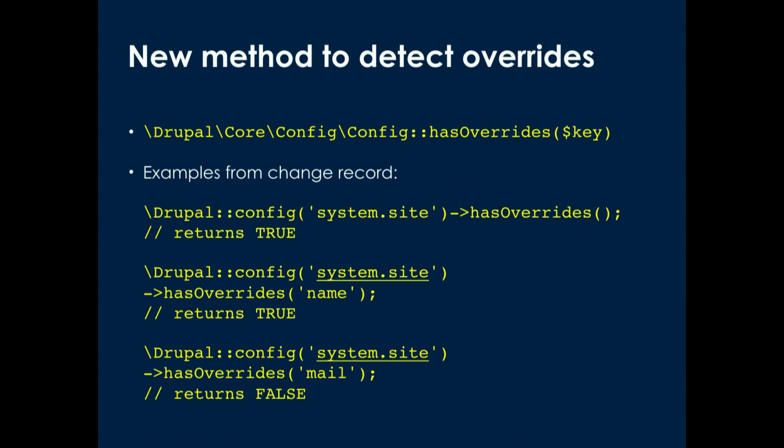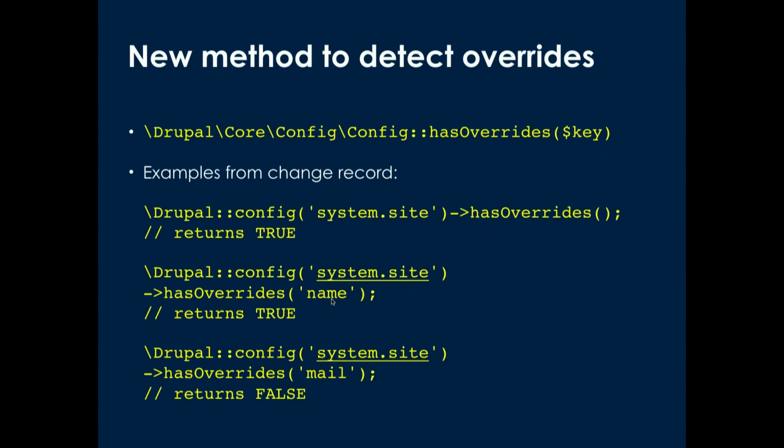So the way that works, if you want to detect if a value is overridden, you use the hasOverrides method. And here are a couple of examples checking to see if the system site configuration has been overridden. If you don't include an item name, like in the first case, it checks the whole configuration.